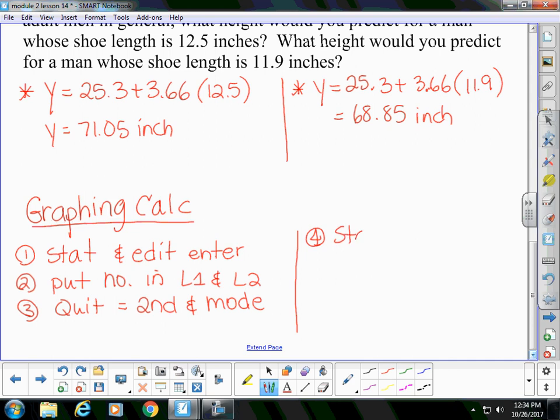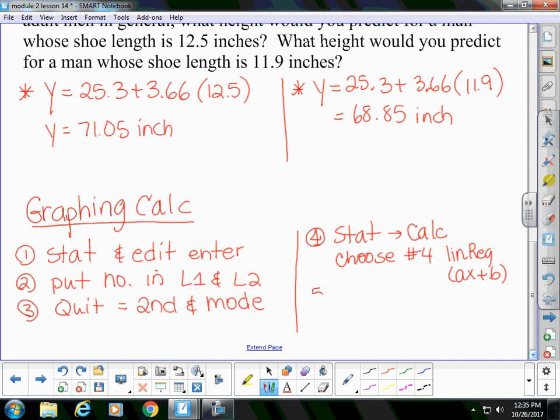Then you're going to go back into Stat, but this time you want to go over to Calc. And then you're going to choose number 4, which would be the one that says LinReg, ax plus b, where a and m are the same thing.